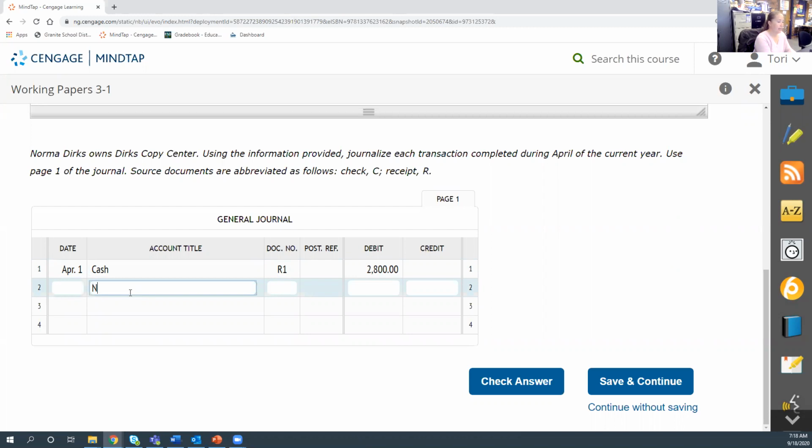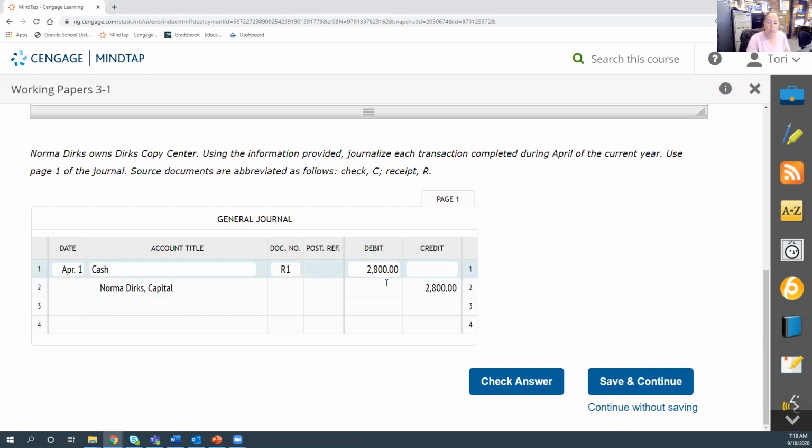So we have to find whose company it is, and it's Norma Dirks, Capital, for $2,800. So these will always be identical, and we usually only use 2 accounts until we get a little further into the chapters. Your debits must always equal your credits.